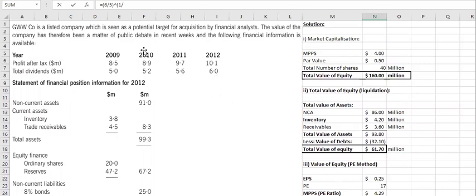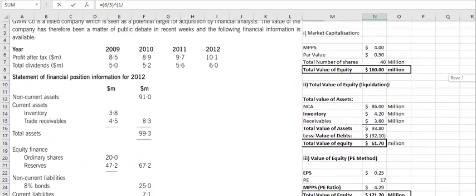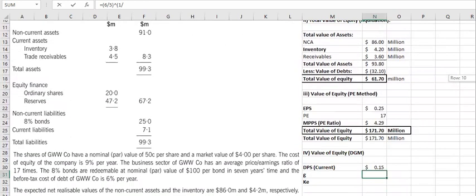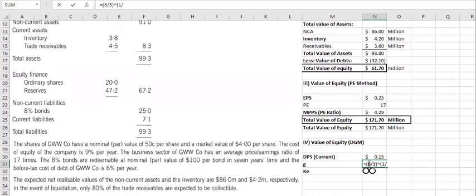So 1, 2, and 3. From the end of 2009 to 2010, it was 1 year, then 2 years, and then 3 years. So there were 3 years between these two dividend figures. So 1 upon 3. And once we get this answer, we have to subtract 1, and we just simply need to enter.